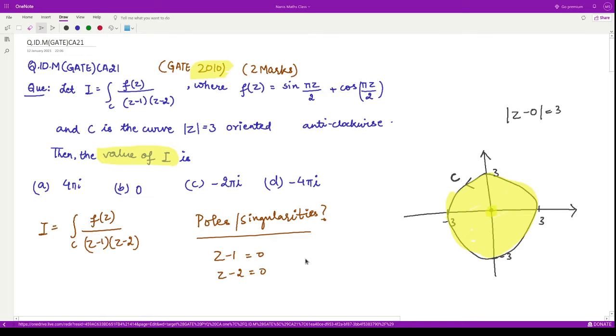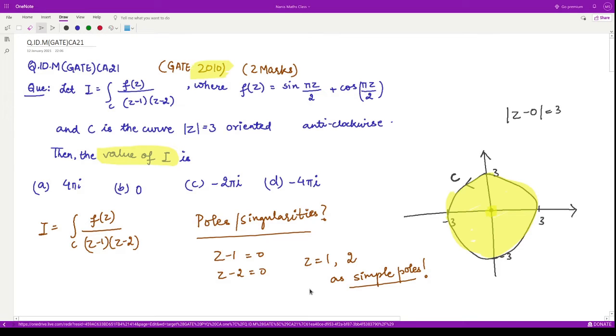From here we have z equal to 1 and z equal to 2 as simple poles. Simple pole means the order of these poles is equal to 1. Moreover, this function f(z) does not create any problem because it does not become infinity at any point, since the functions sine and cos are bounded functions.